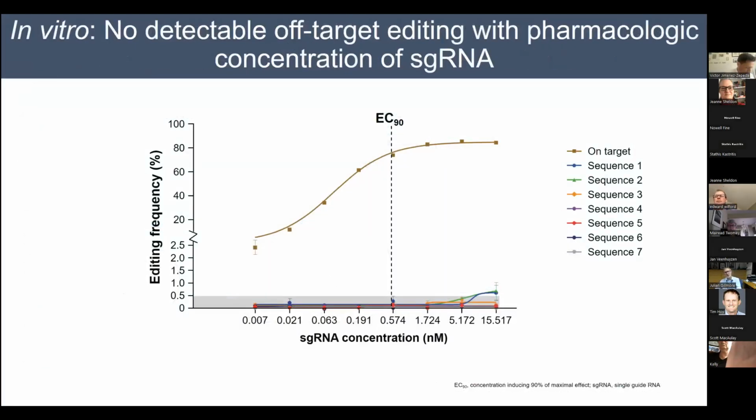The plot here shows the in vivo therapeutic index with effects of concentration of the guide RNA on the percentage TTR gene editing by NTLA-2001 in cultured primary human hepatocytes. The vertical line here marks the concentration at which we routinely observe 90% reduction in TTR protein production, known as the EC90.